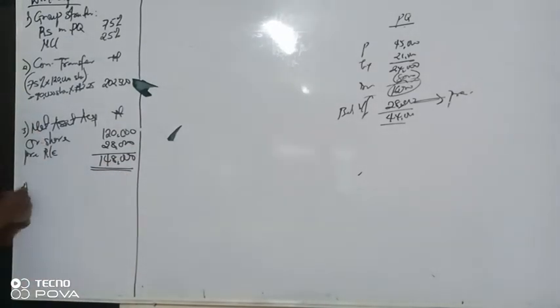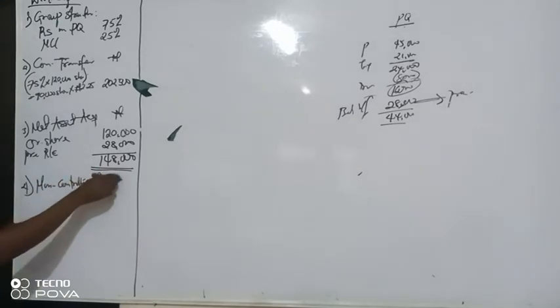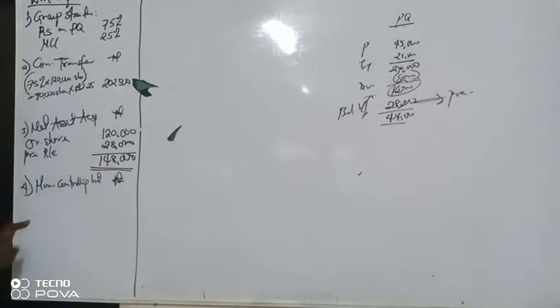Number 4 now is our controlling interest. We ask for the question. The 16,000 is part of it is pre.